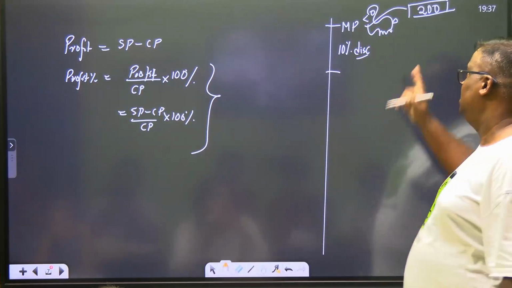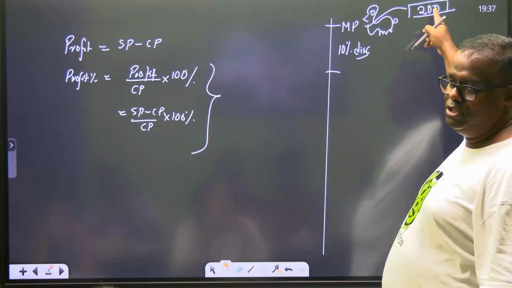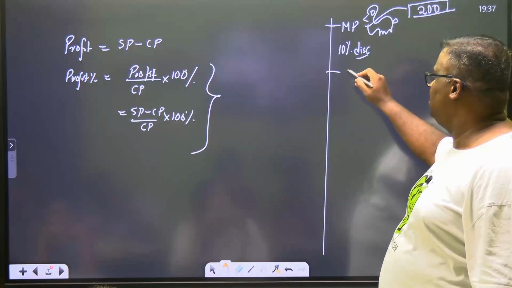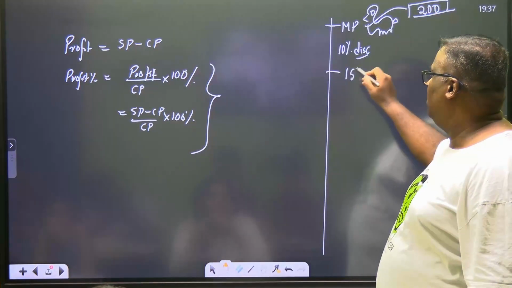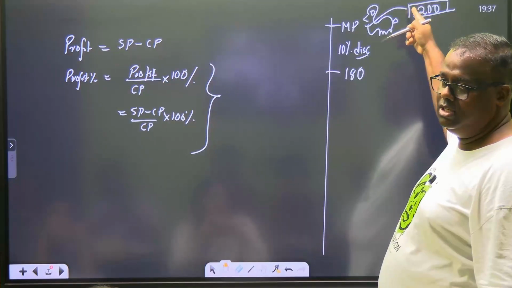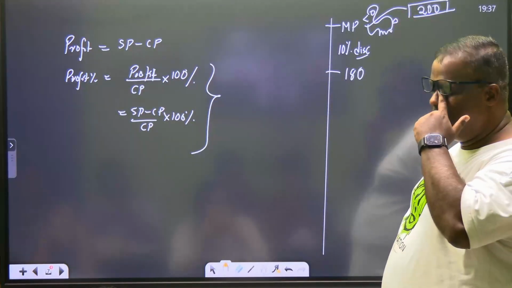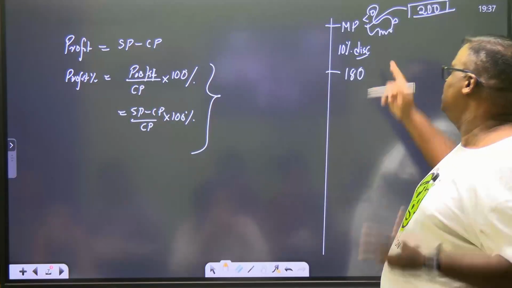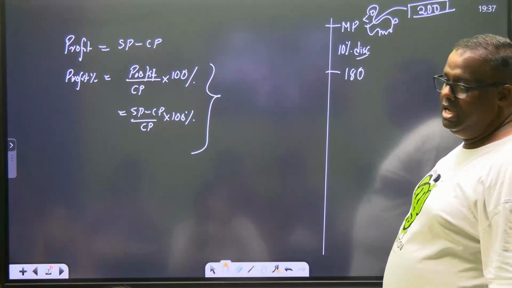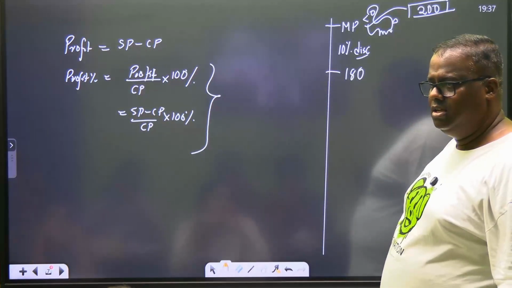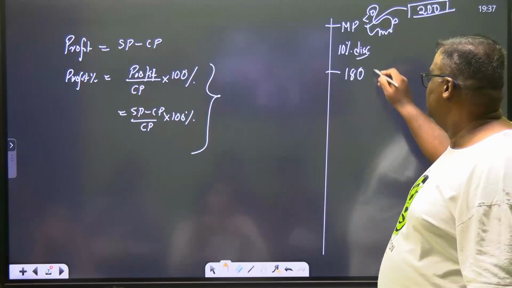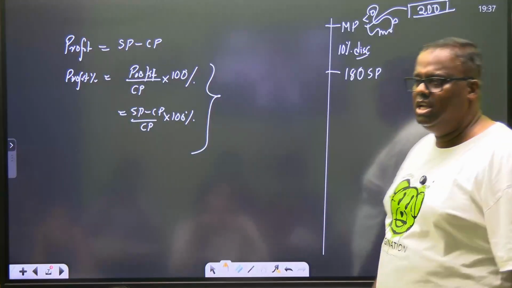So now this will be 90% of this price. So the sale price will be now at what? 180, 90% of this. 10% of this is how much? 20 rupees. 20 rupees gone, 180. And at this price, she agrees to buy it. So this will be known as the selling price.